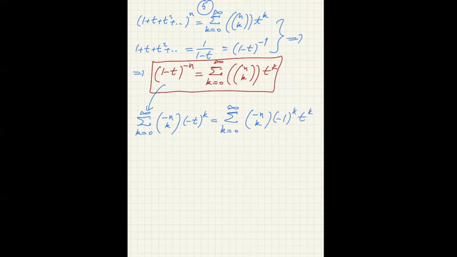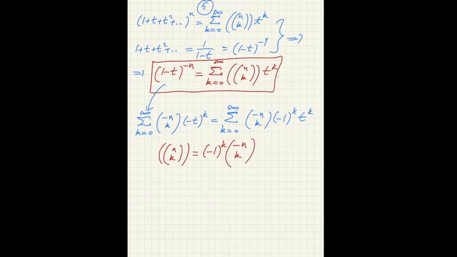Now, if you combine these two formulas, the one in red and the one in blue, they lead to the fact that the number of k combinations from a set of 10 elements with repetition is going to equal minus 1 to the k times minus n choose k. Now, this looks kind of strange. What is this number?